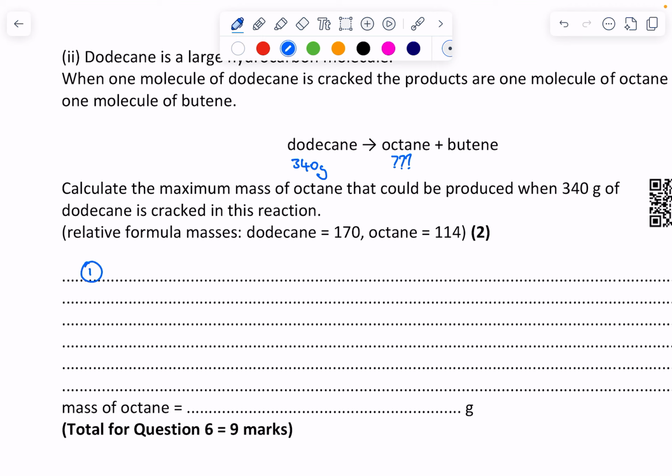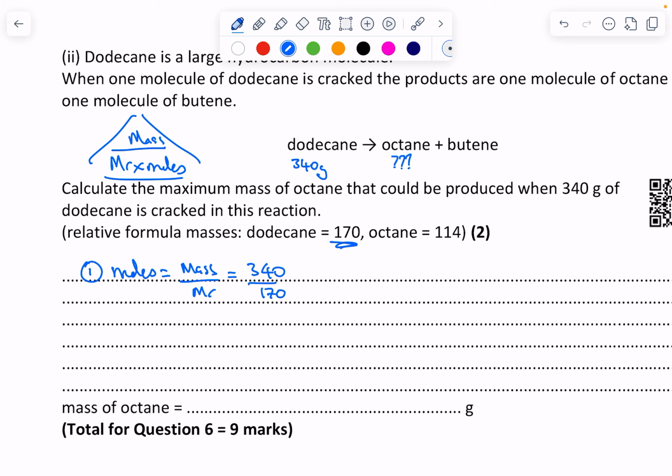First thing to do is let's convert that to moles. So I'm going to put my little equation here, my triangle, which is that Mr is underneath the mass, and moles. So I'm going to work out the moles. The moles is going to be mass divided by the Mr. So the mass in this case is 340. The Mr is 170.